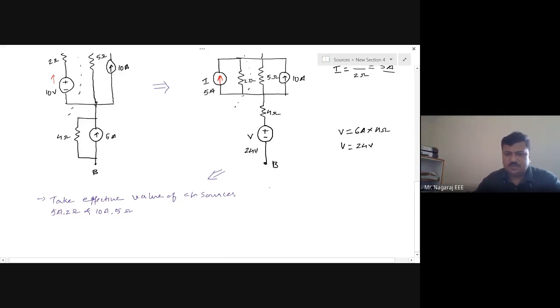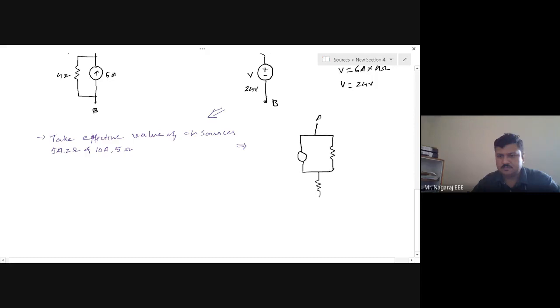Now what I get from this circuit is terminal A. This is terminal B. This is 24 volts and the resistance is 4 ohms. The source.